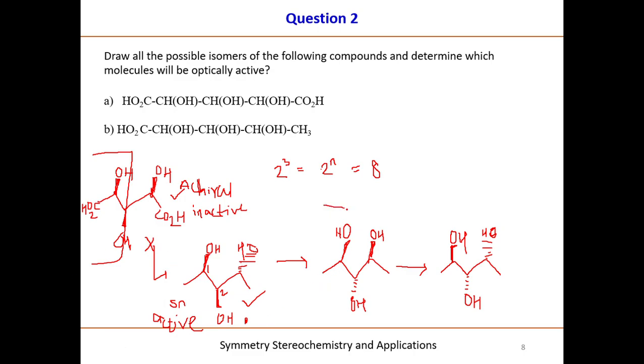Here you can pass the plane of symmetry, right? And here a C2 axis is also present. If you pass the axis through this carbon atom, you will observe the same stereochemistry of the molecule. That means this molecule is achiral and optically inactive. This isomer is optically inactive.